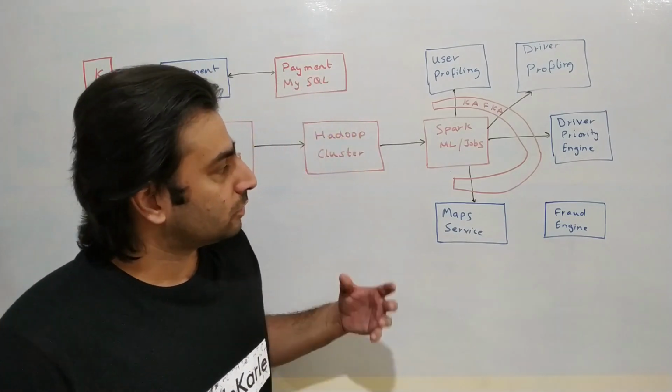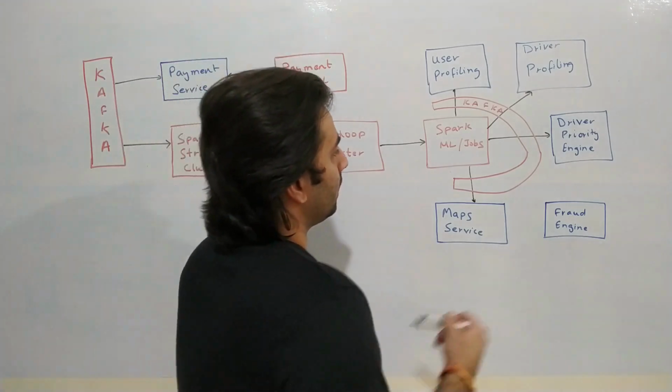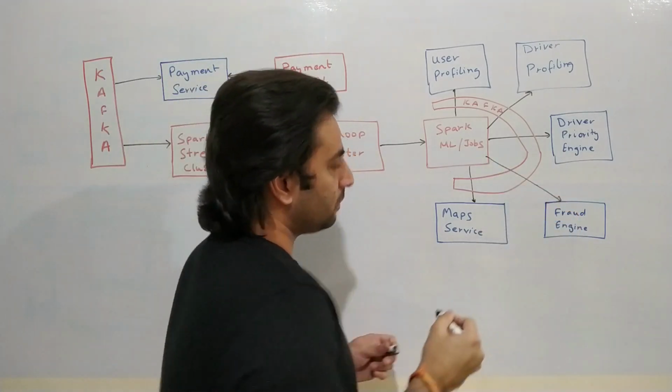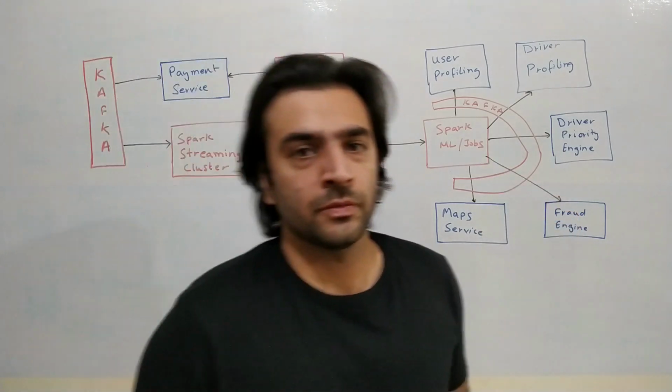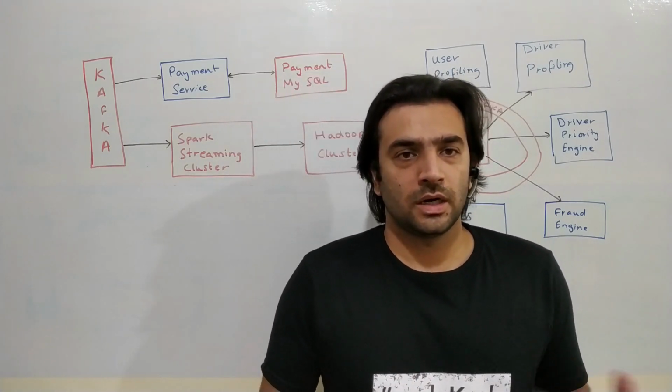Now we could also power the same, so I forgot to make this link. The same information could be used to generate a fraud score. So let's say there's a very high correlation between a driver and a customer.